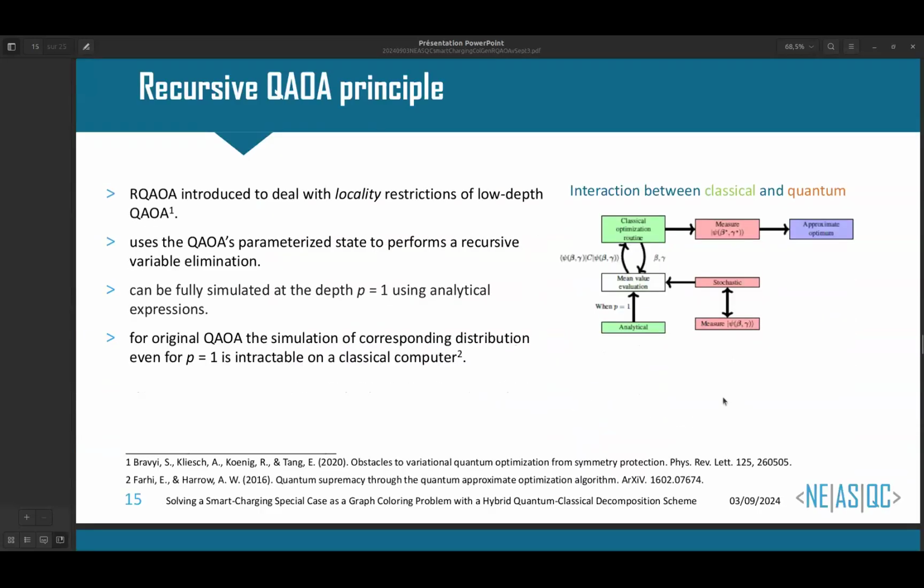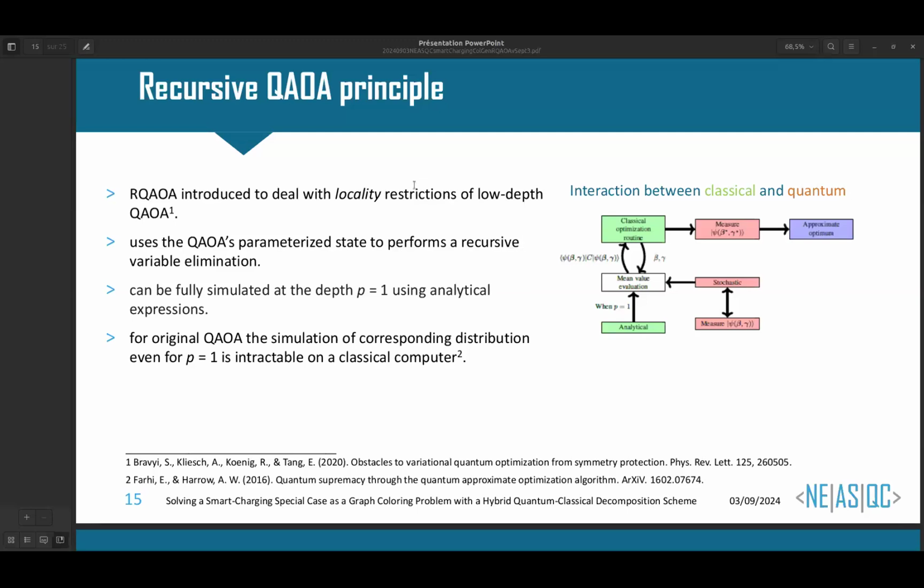In fact, we used a recursive QAOA algorithm instead, especially because we're facing a low-depth QAOA circuit. And in this case, we deal with the locality restriction, meaning that in the circuit we could see only the first neighbors, which restricts the potential of the algorithm to find the optimum.